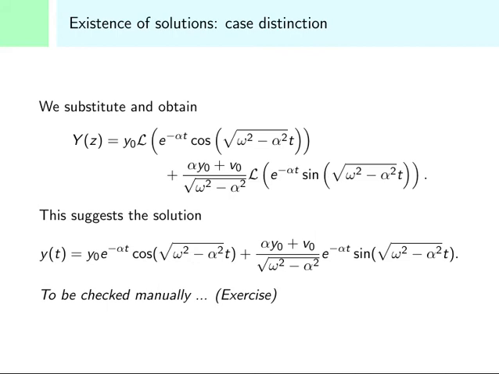So in that case, when omega square is larger than alpha square, we have this oscillatory behavior, a superposition of cosine and sine functions. Again, there's this exponential decay term. But when alpha equals 0, then this is just constant.